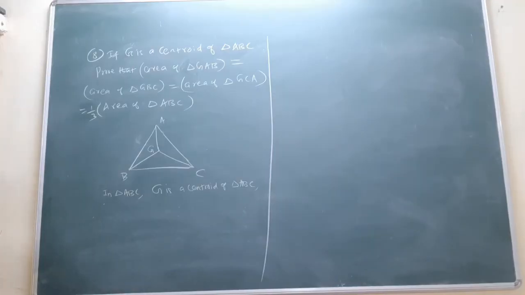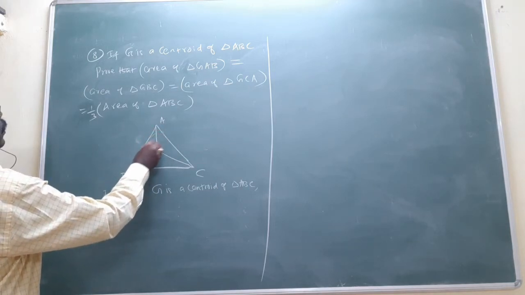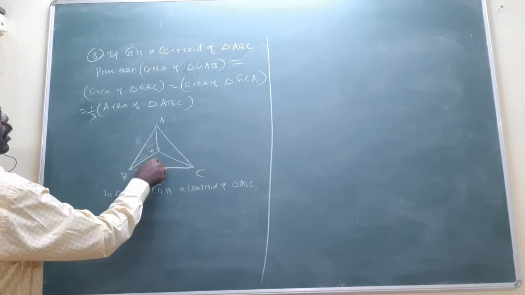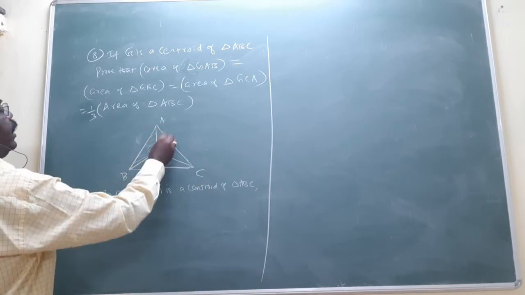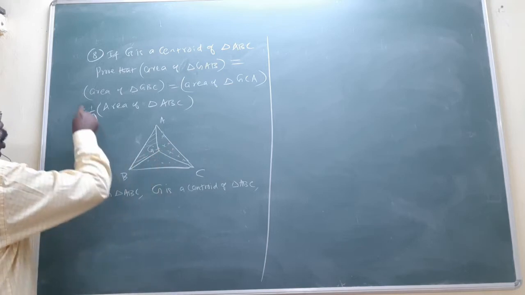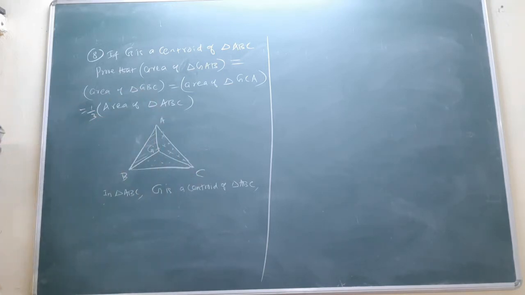Now listen here, question number 8. If G is the centroid of the triangle ABC, then prove that the area of the triangle GAB, the area of the triangle GBC, and the area of the triangle GCA are all equal to 1/3 of the area of the full triangle.